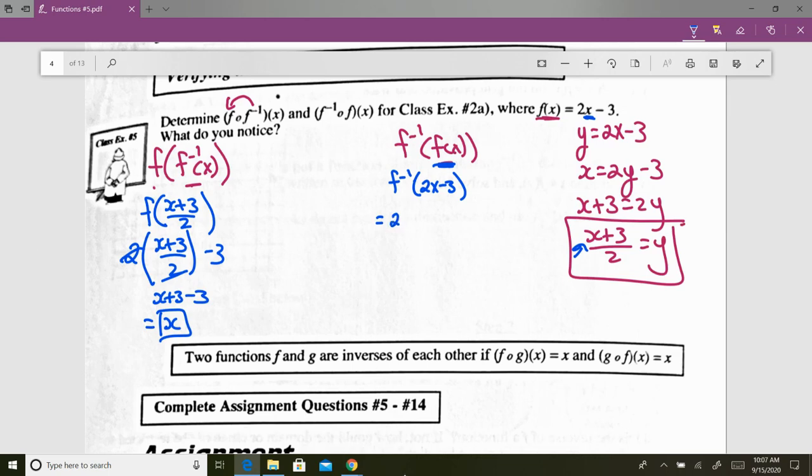So I get 2x minus 3 plus 3 over 2. What happens to the 3s? They go away. Then I'm left with x over 2. What happens to the 2s?